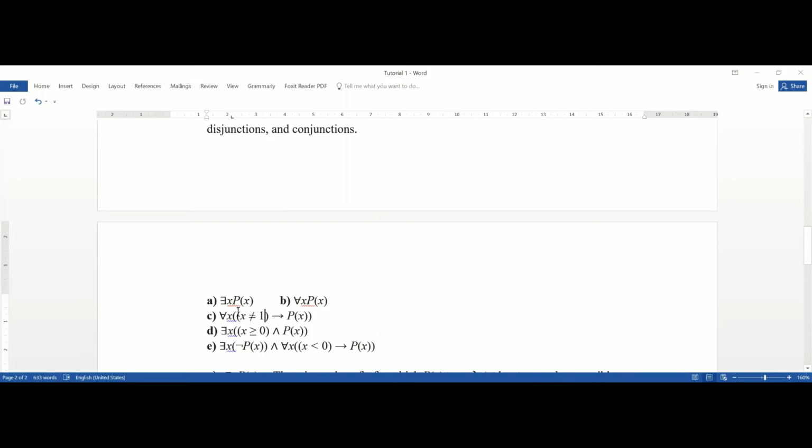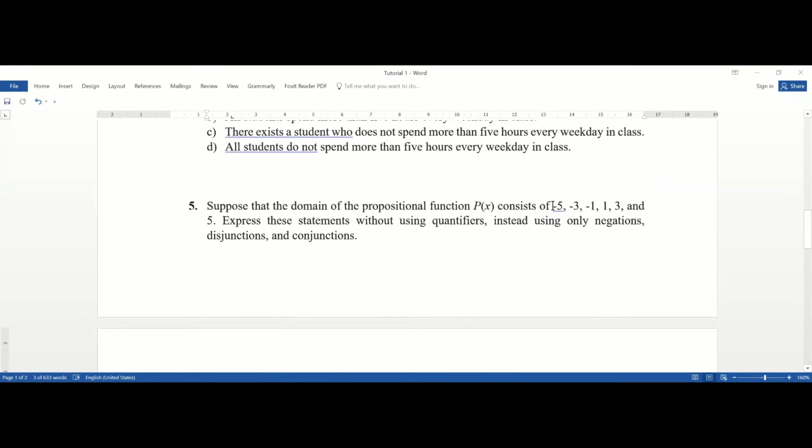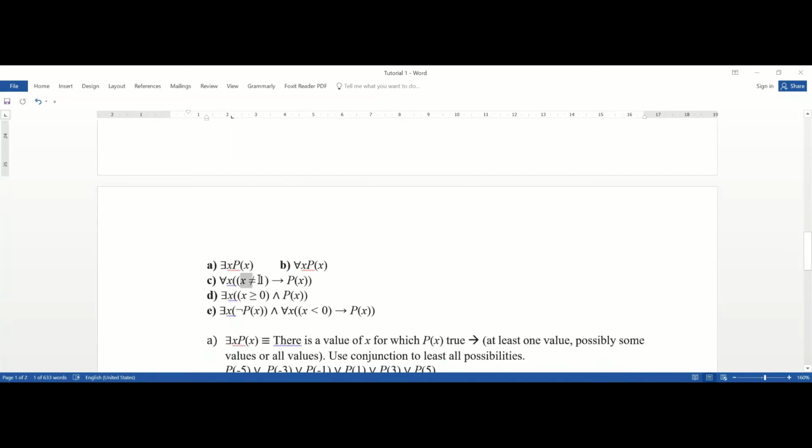So you take out when x equals 1, and all the rest means it's the same as this one. We have only the exception when x is equal to 1. P(-5) and P(-3) and P(-1). This one is excluded. P(3) and P(5). Why is 1 excluded? It's written here: x other than 1.